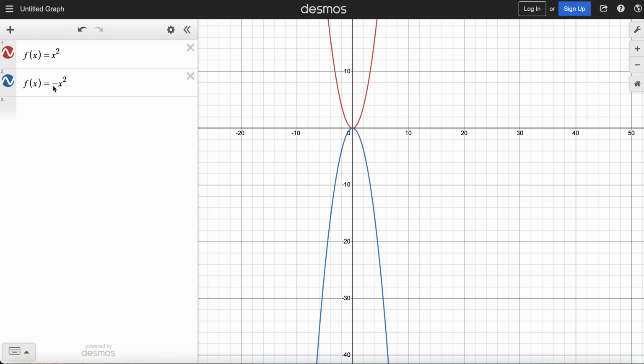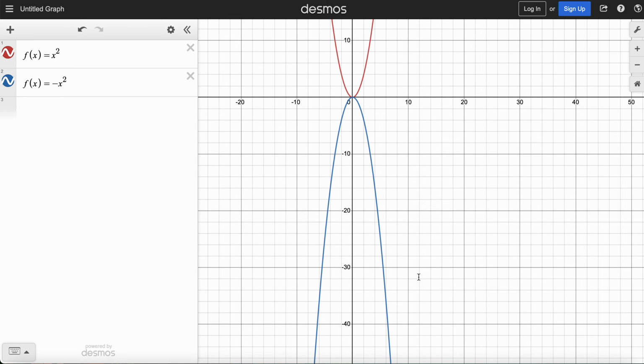So when you put in 6, it's going to come out with -36. Can you see the coordinates? 6 and -36. So -6 squared, not in parentheses, comes out with -36.